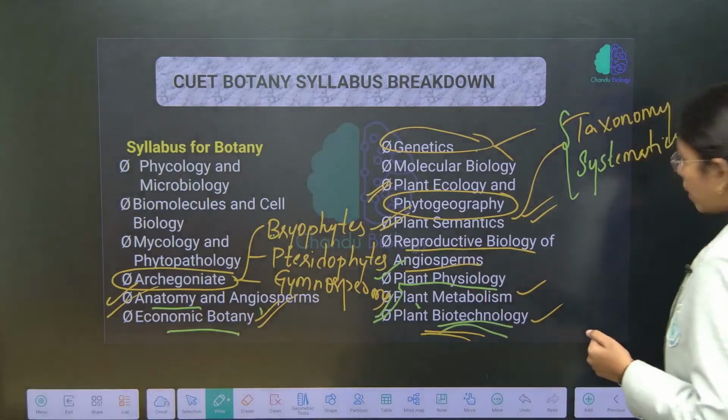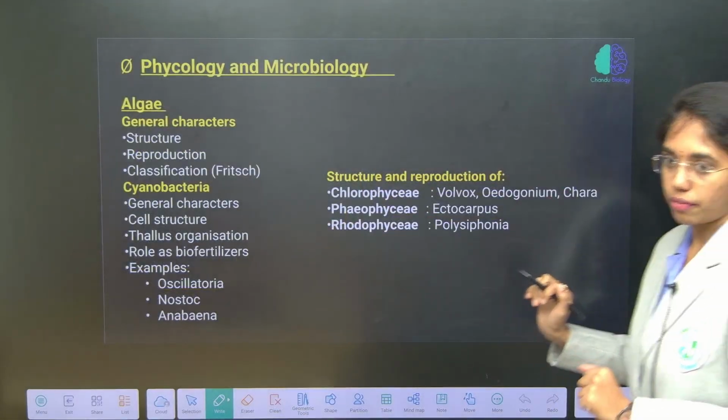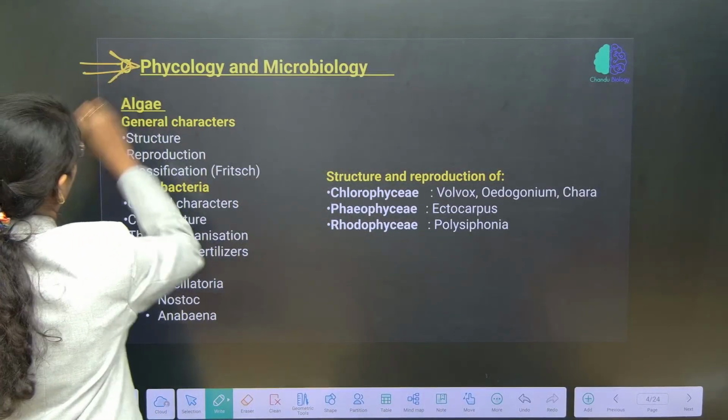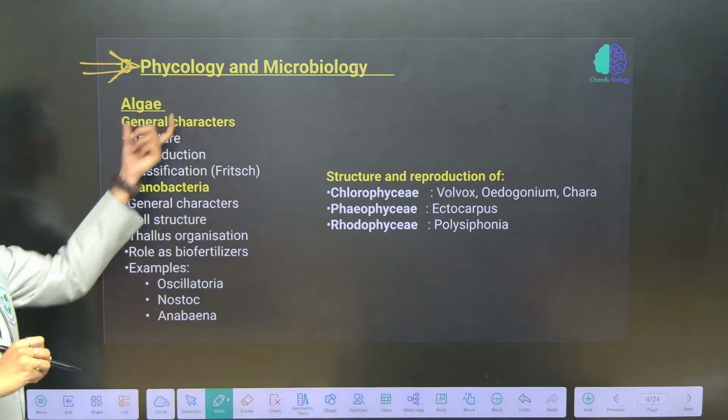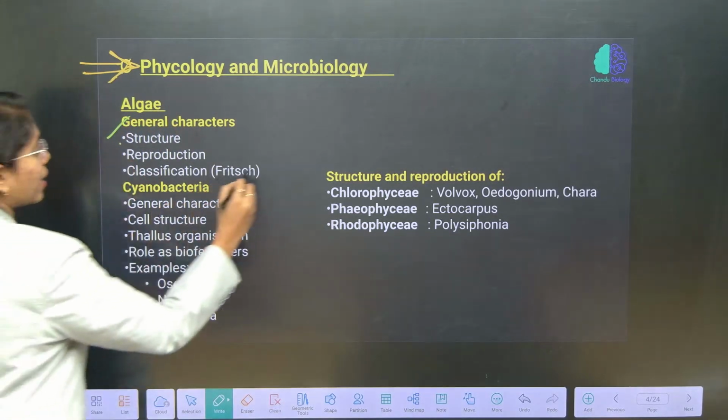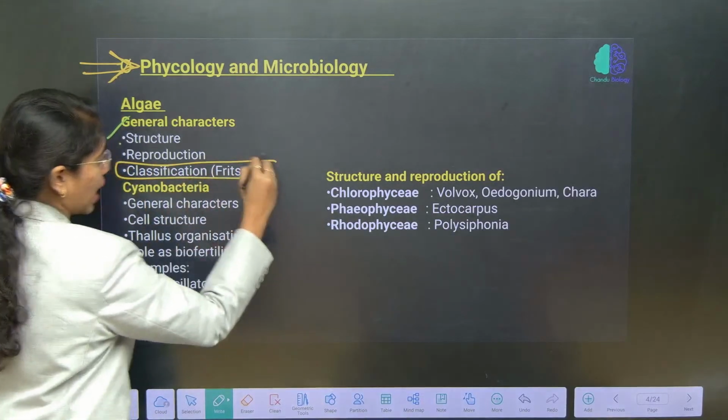Fine, right? Now we will move on chapter by chapter. Now, phycology and microbiology. Here under algae, first we will learn general characters, its structure and standard classification of algae, that is Fritsch classification.